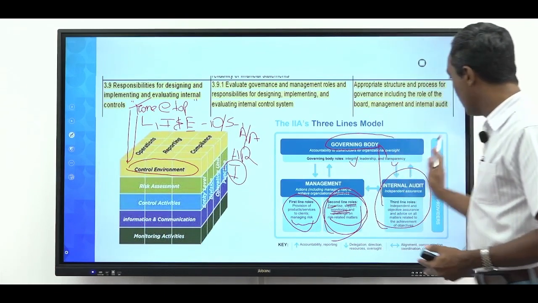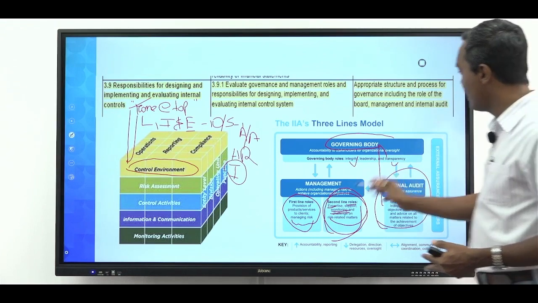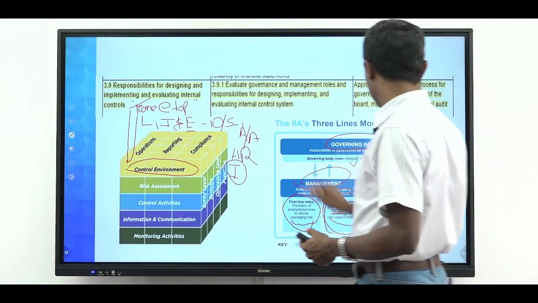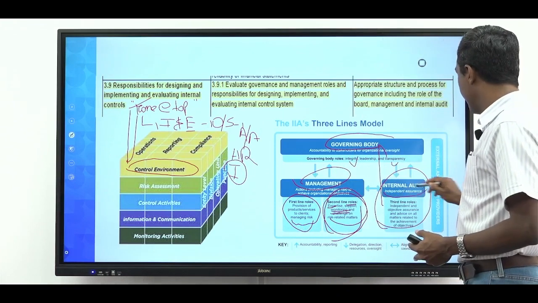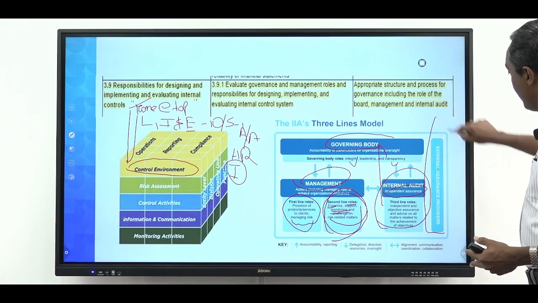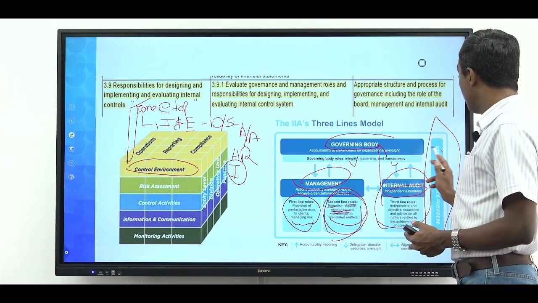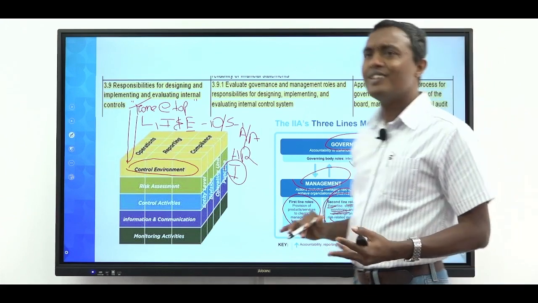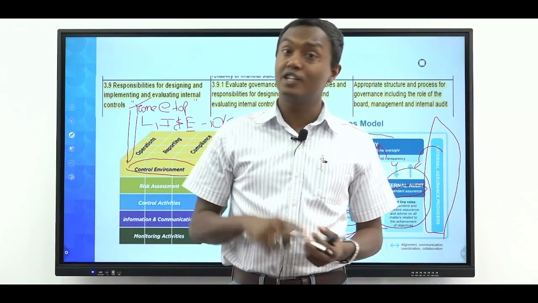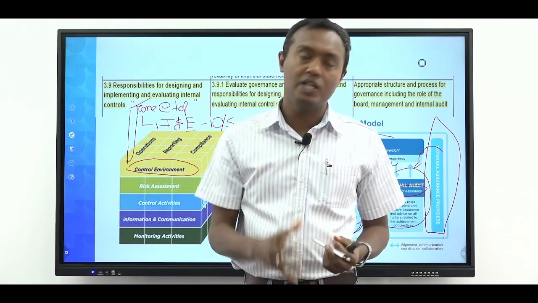So the big difference you see here is that the first line and second line are both called management. The internal audit is independent. And if you take external auditing, again, let's say there is a fraud as a result. Then external audit also may identify it, may not, because the external auditor's job is not to identify fraud but to give an opinion.